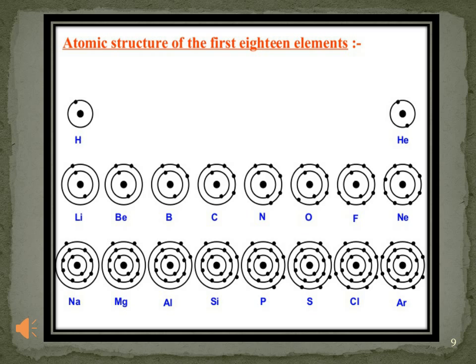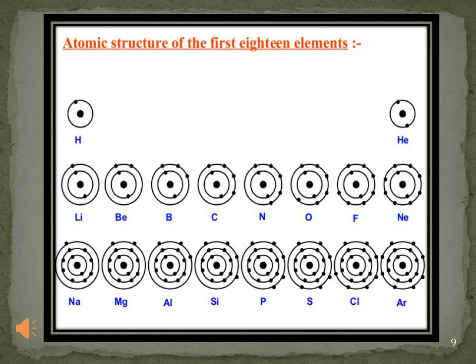So out of 14, 2 are filled in the K shell. Similarly, the next 8 electrons are filled in the L shell. Similarly, 8 plus 2 is 10. Now we are remaining with 4 electrons, and the rest of the 4 are filled in the M shell.